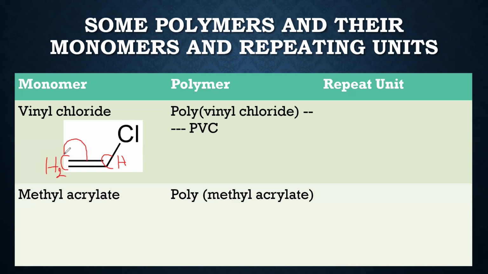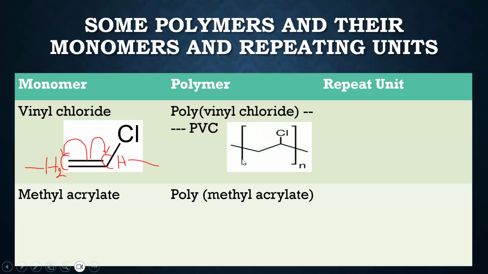And as usual, the double bond will break down to link more units of the vinyl chloride, leaving the chloride as a branch. Okay, and forming polyvinyl chloride, which is known as PVC, a very famous synthetic polymer. And this is the repeating unit.